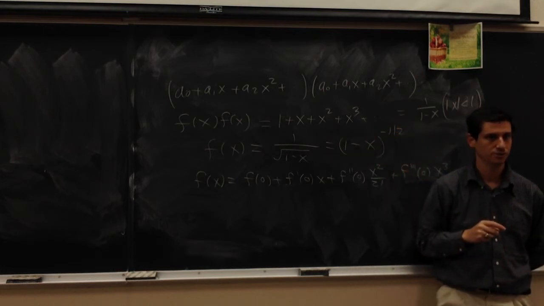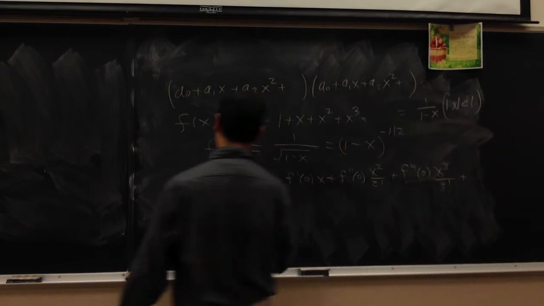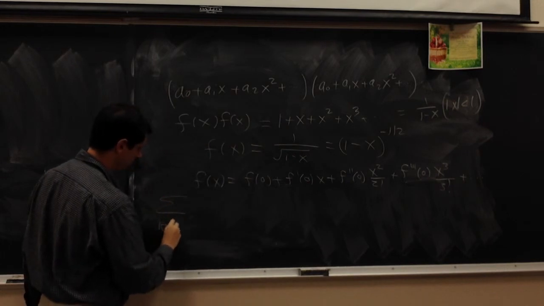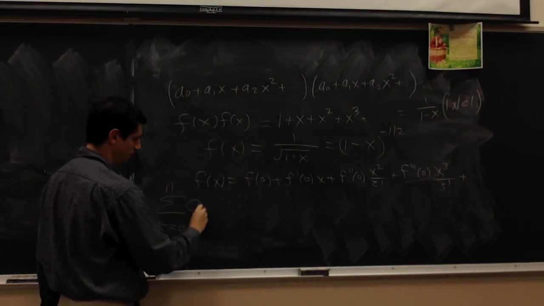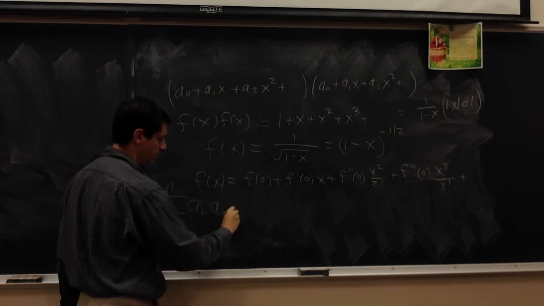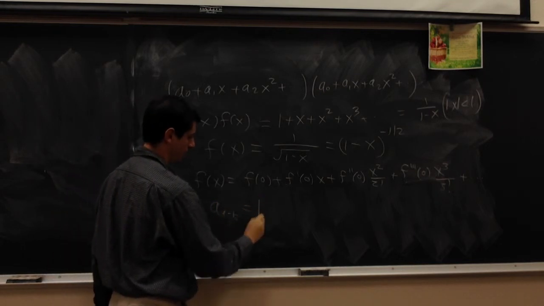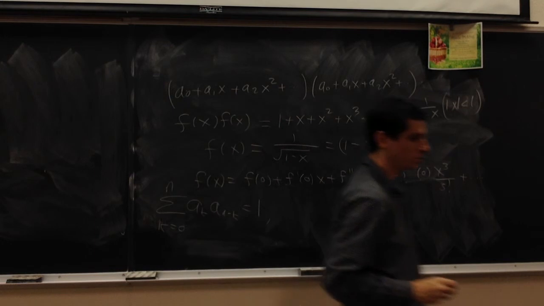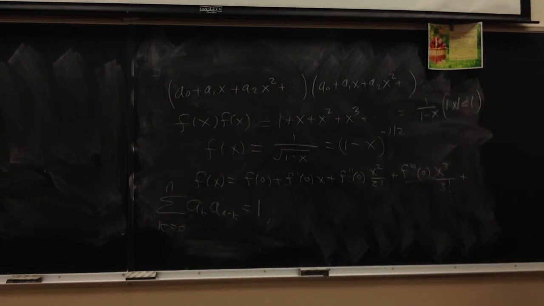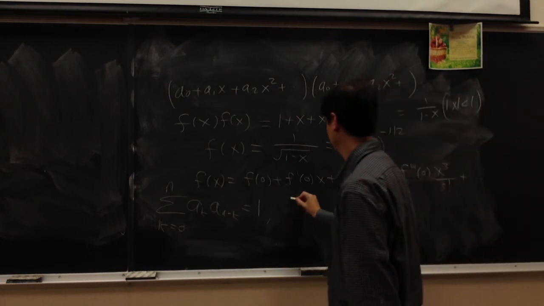What should you do? So all you know at this point is that the sum, k goes from 0 to n, of a_k a_(n minus k) equals 1. And they tell you a_0 equals 1.